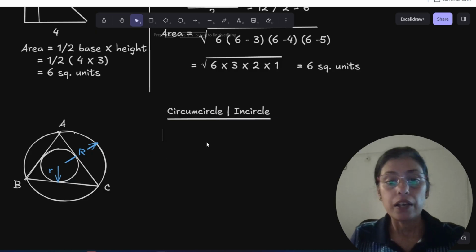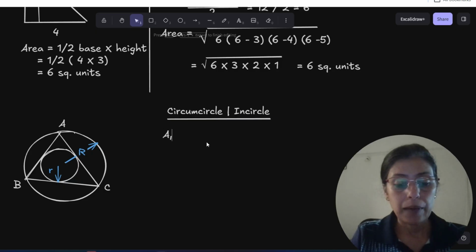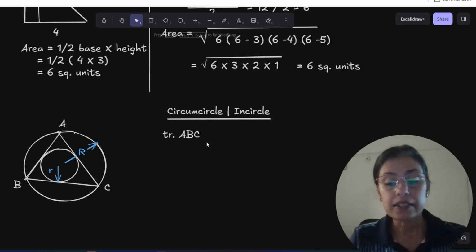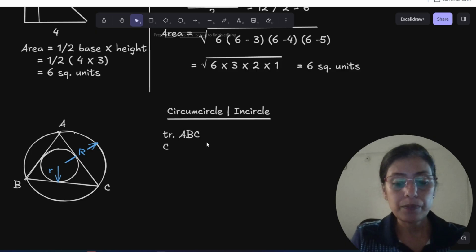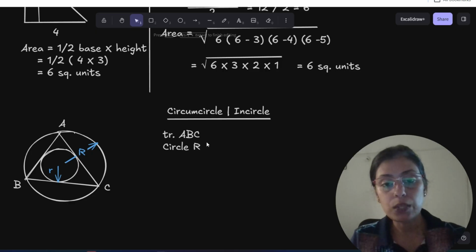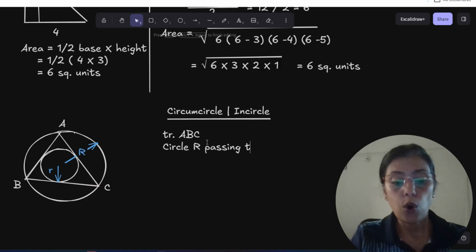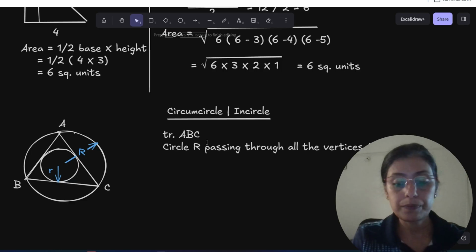So here, if you see, A, B, C are three non-collinear points, and this is forming a triangle ABC, and the circle with radius capital R, this is passing through all these 3 points, all the 3 vertices of the triangle ABC, right?